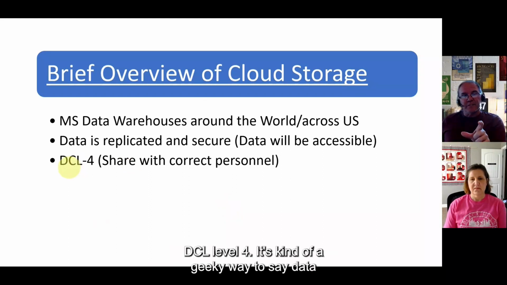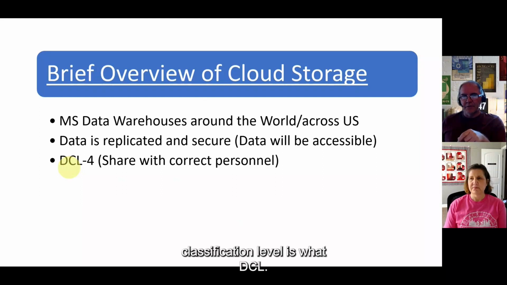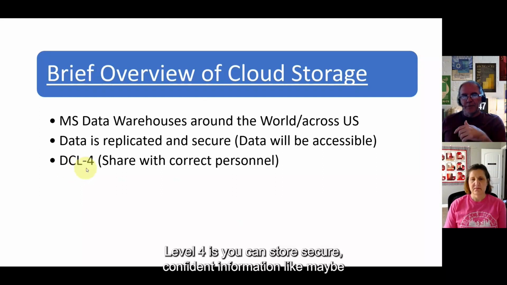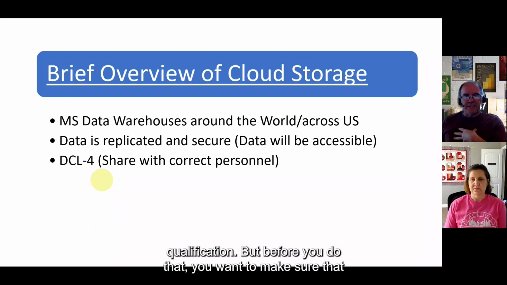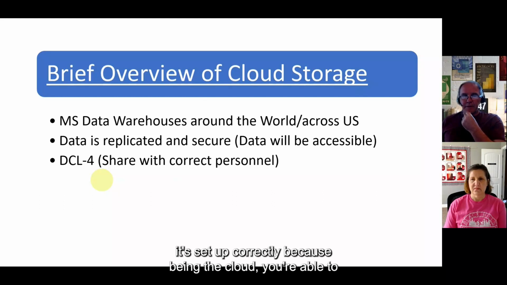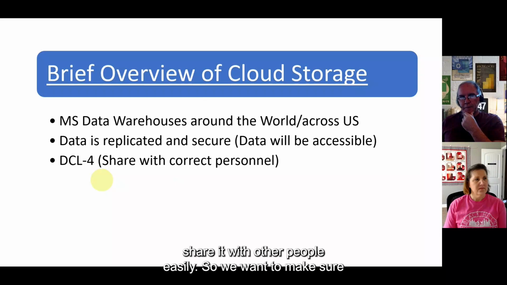It's kind of a geeky way to say data classification level. Level 4 means you can store secure, confidential information like maybe student records or social security numbers. It meets that qualification, but before you do that, you want to make sure that it's set up correctly, because being the cloud, you're able to share it with other people easily.